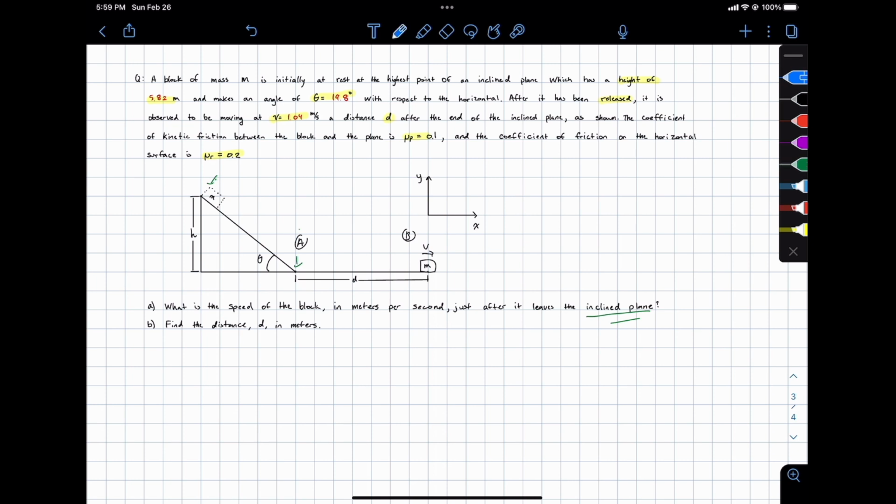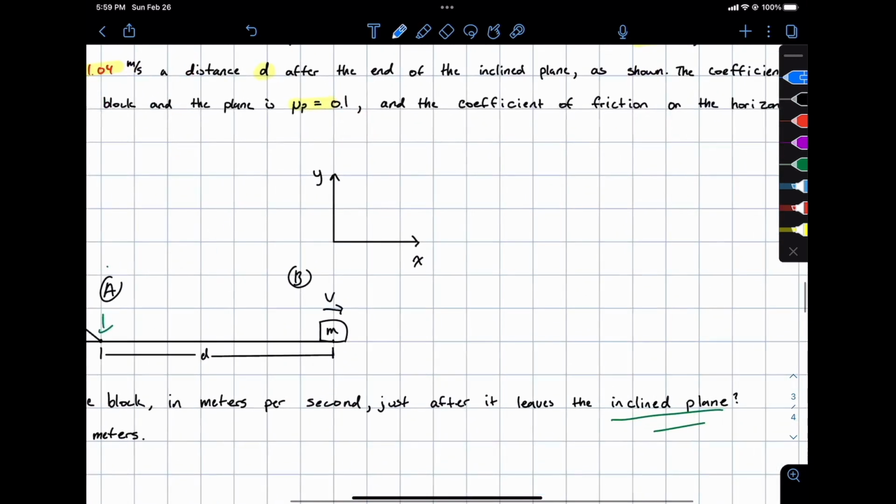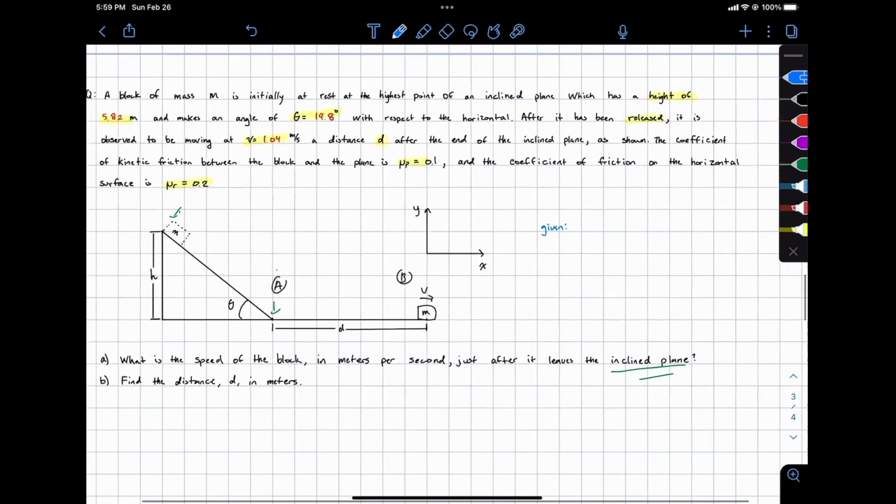But before we do the problem, I like to first label the givens, the values that are given from reading the problem. So we're given h equals 5.82 meters, theta equals 19.8 degrees.